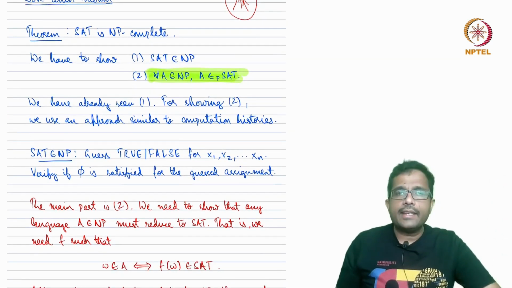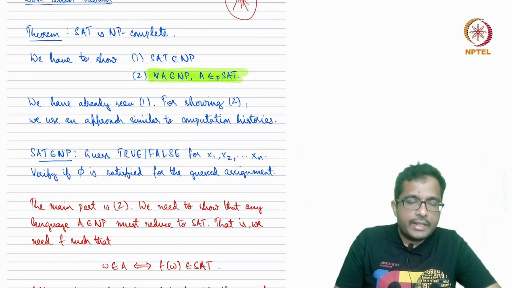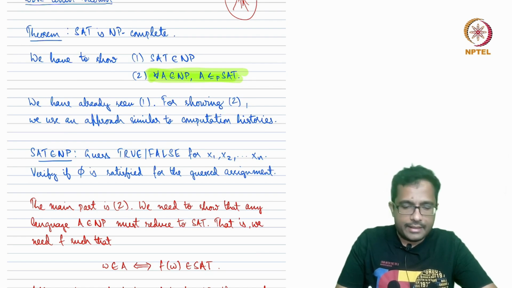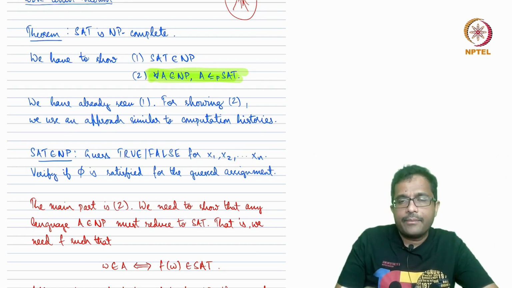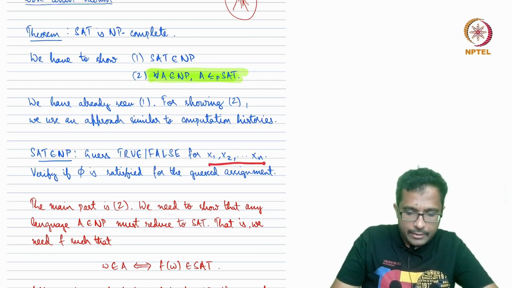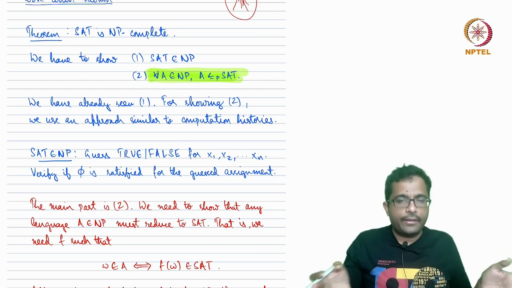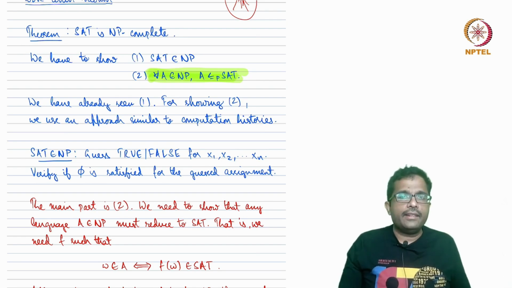So let me quickly recap how to show that SAT is in NP. We just have a guess and verify Turing machine. Let's say the given Boolean formula phi has n variables, x1 to xn. We non-deterministically guess true/false values for all of these n variables, and then you verify whether this guessed assignment satisfies the formula phi or not.